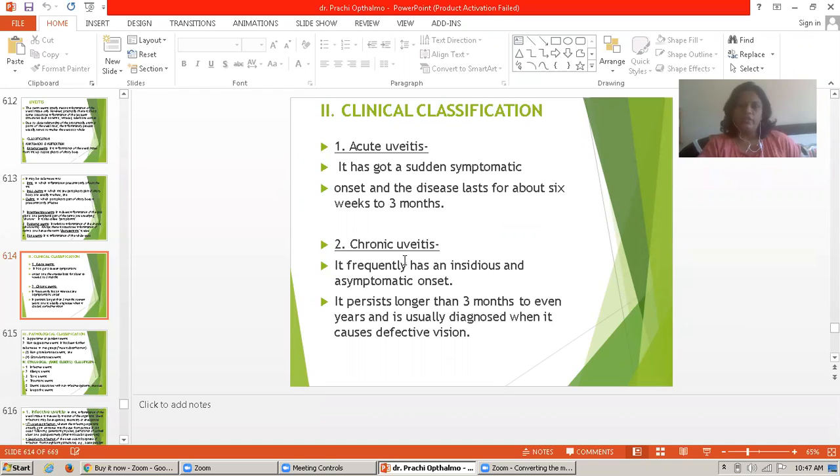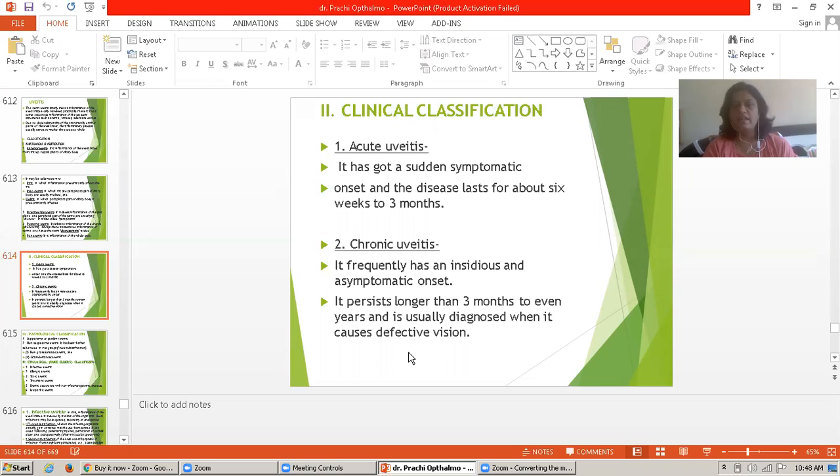And the chronic uveitis frequently has an insidious and asymptomatic onset, and it persists longer than 3 months, even up to a year, and is usually diagnosed when it causes defective vision. So chronic uveitis shows chronic inflammation of the uveal tract.